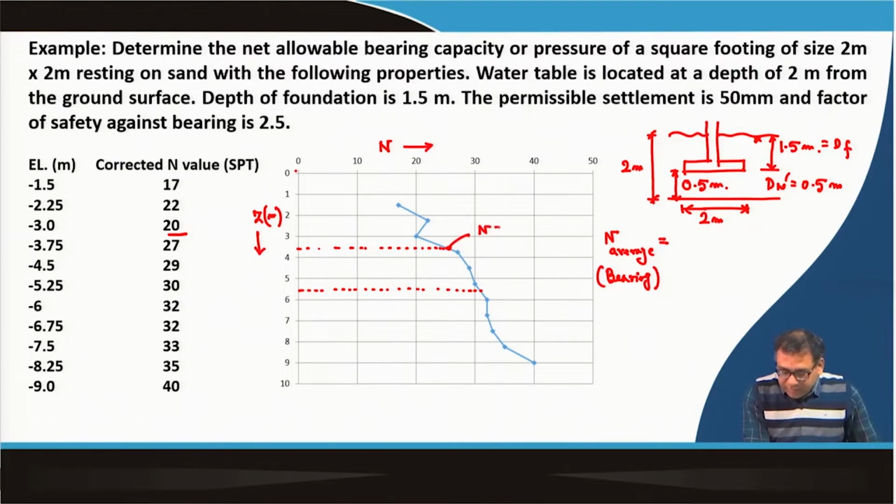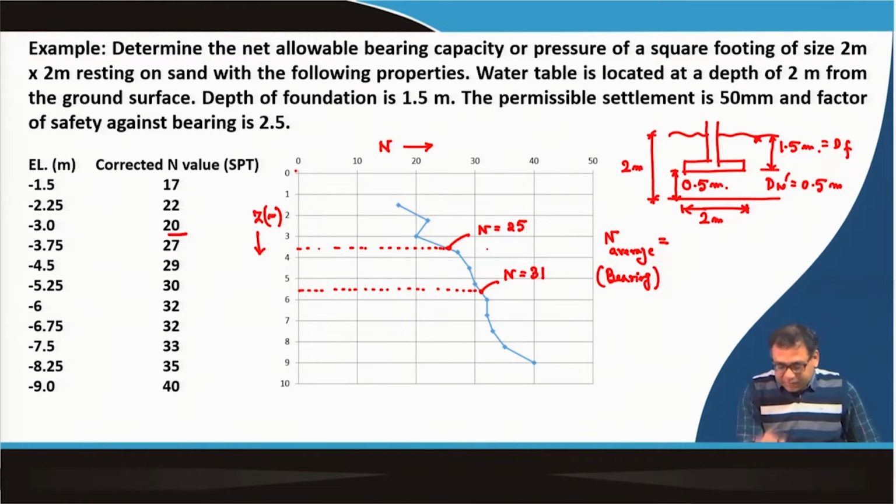Corresponding to 3.5 meter, the N value is around 25. So this is 20, this is 30, this will be 25. Corresponding to 5.5 meter, the N value is equal to 31. This is 30, 40, so around 31.